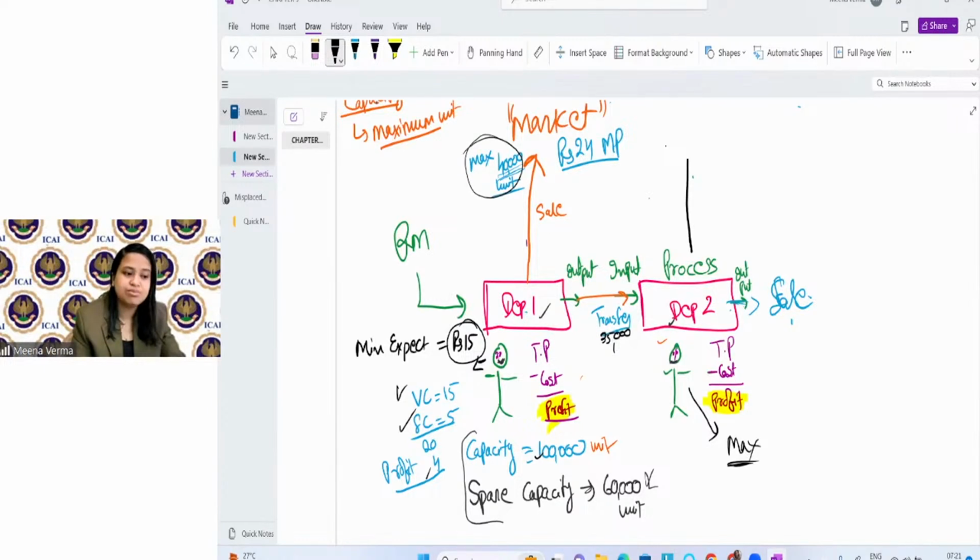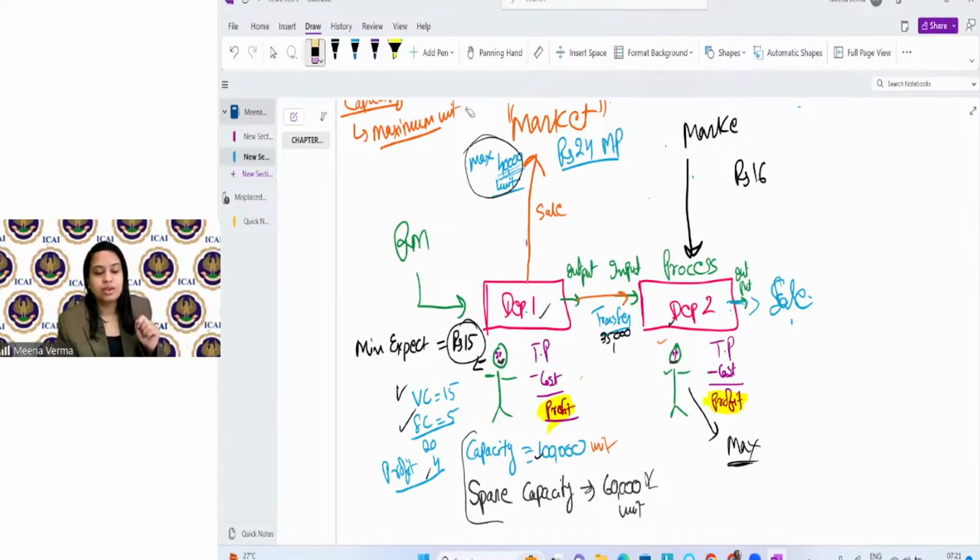See, the point is that this manager has the option to buy the same unit from the market. For example, he can buy the same product from the market at rupees 16. So if this department manager refuses to give the product, what will happen?